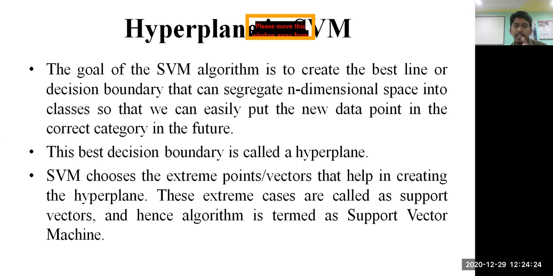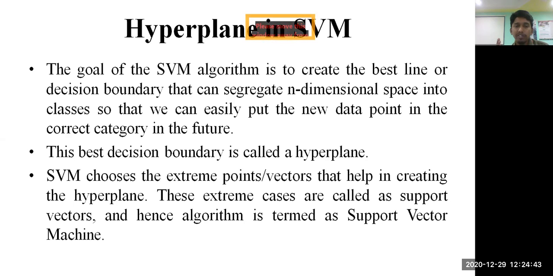As in the example, suppose I have some data points of boys and girls, then if I want to separate boys and girls, I need to construct a hyperplane. That is, a separation metric should be available. So that is the main goal of SVM.